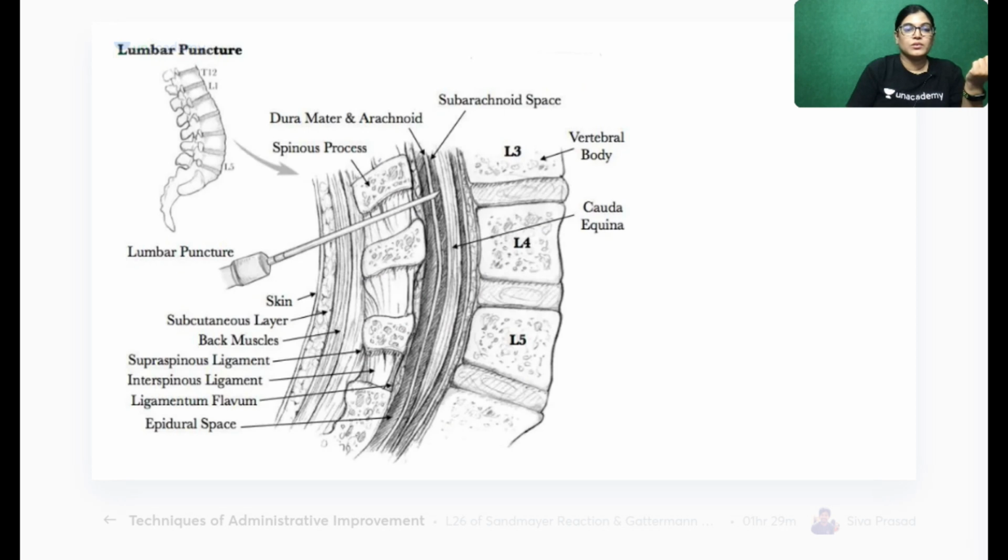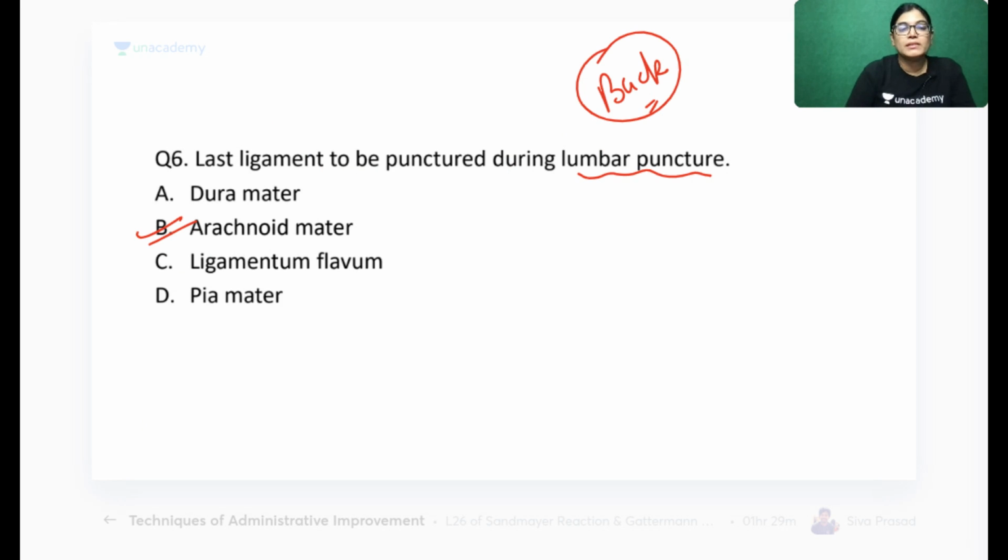Now dear students, if the question asks for the last structure punctured in lumbar puncture, then the correct answer is arachnoid mater, because which space has to be approached?